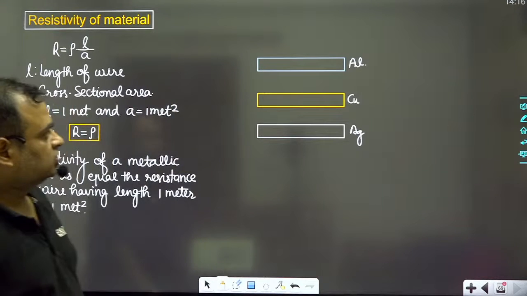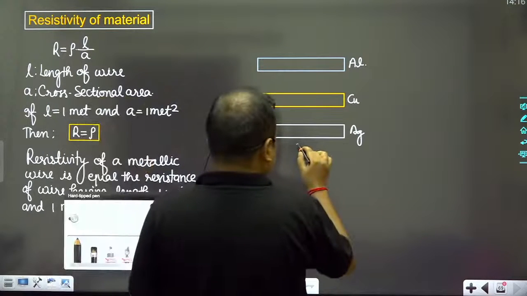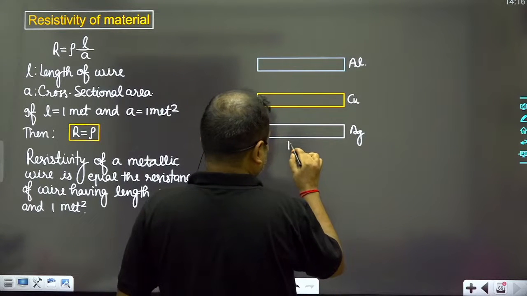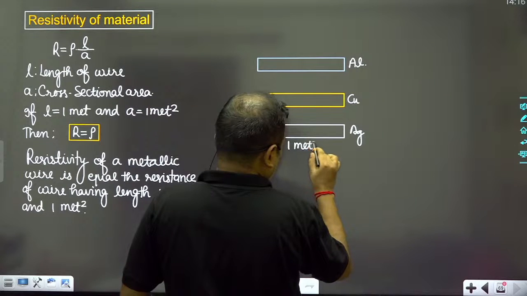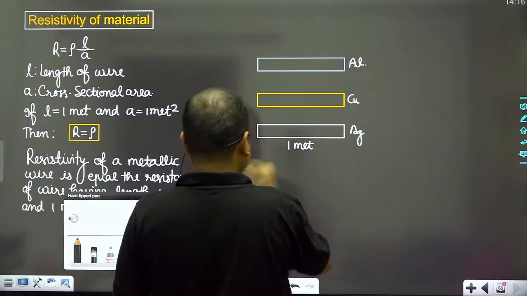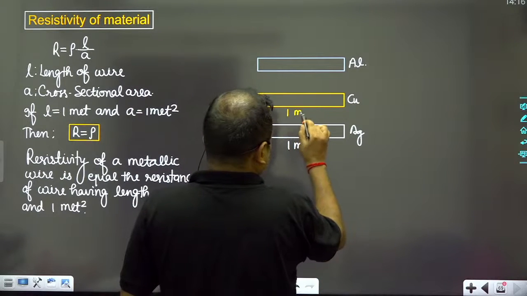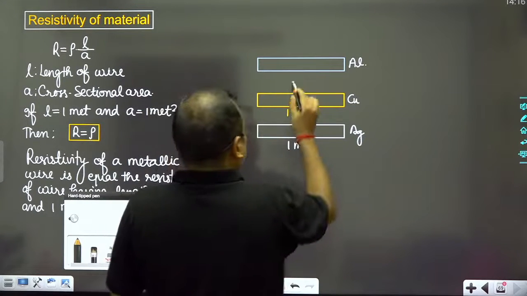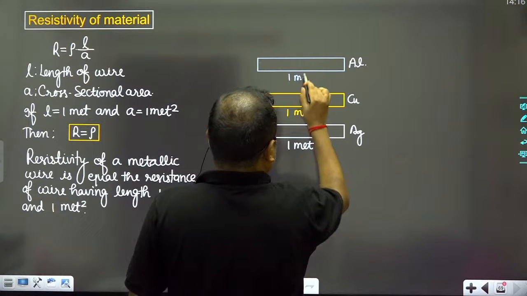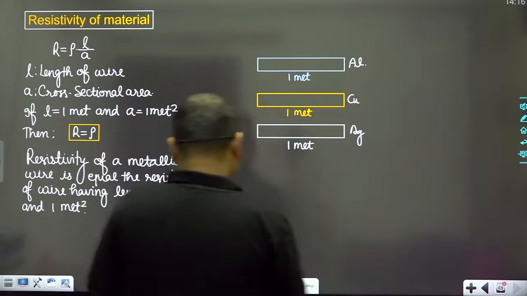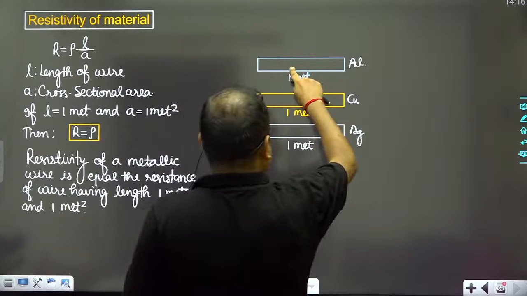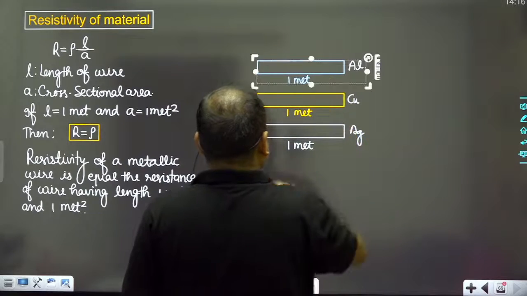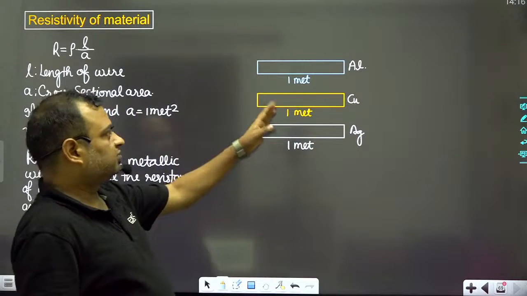Now suppose that the length of these metallic wires is 1 meter each, 1 meter, 1 meter, and 1 meter.